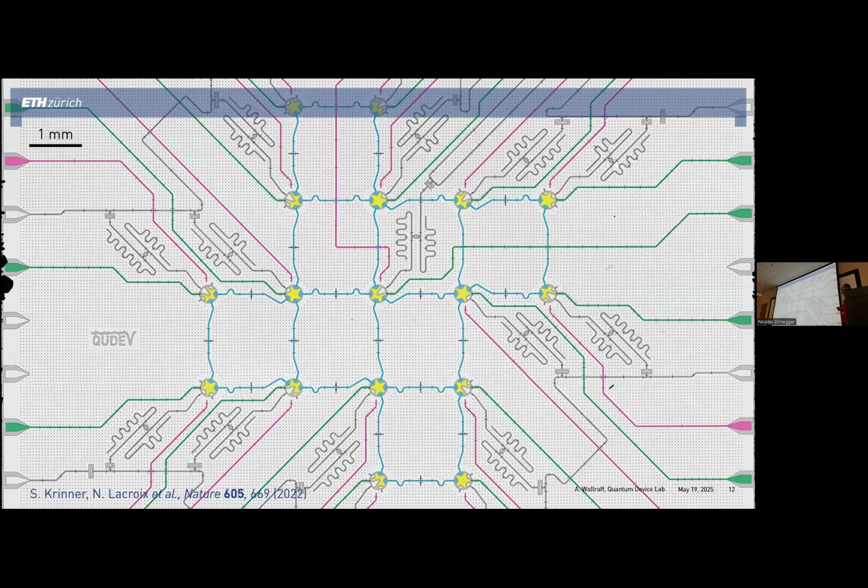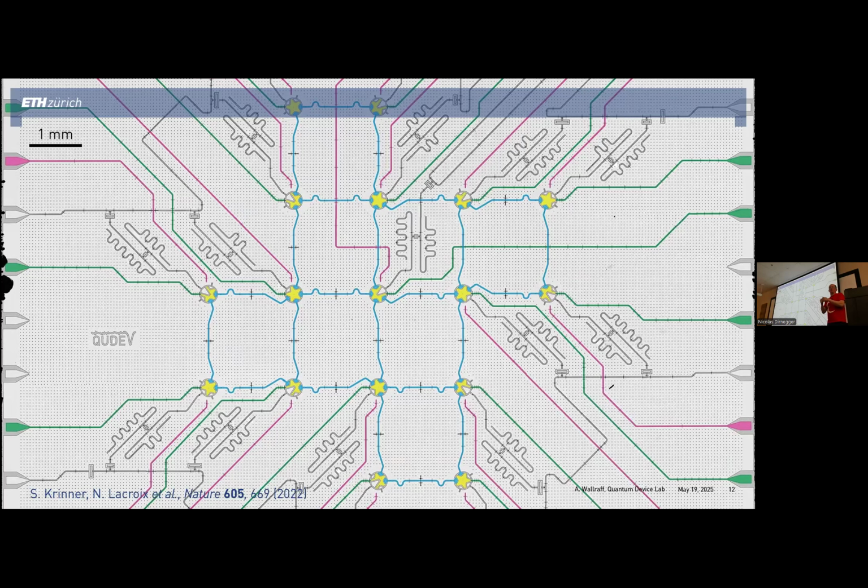Then the couplings between neighboring qubits on these square grids are mediated again by coplanar waveguide resonators that are shown in this bluish color here. It's a waveguide whose first resonance frequency is maybe around 20 gigahertz or so. So effectively, the coupling between these neighboring qubits is sort of capacitive in nature.